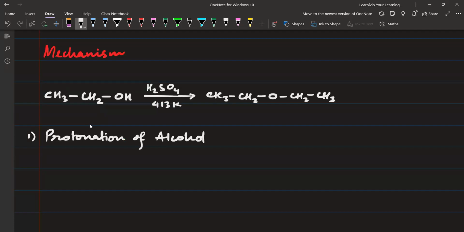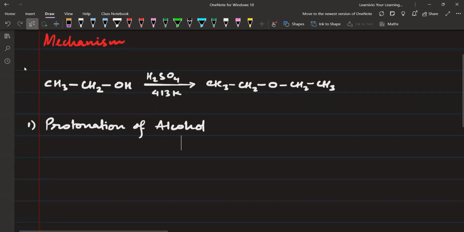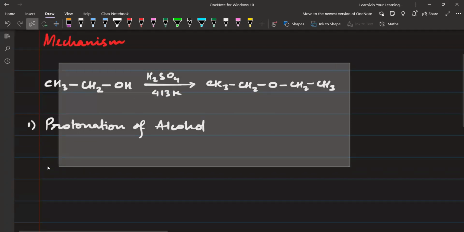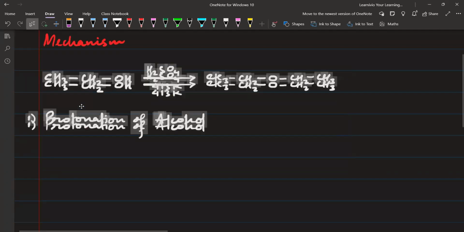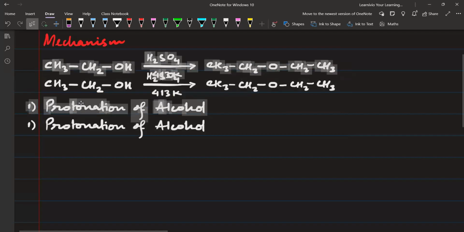By the way, you can also think about why the protonation of alcohol is the initial step. This is because the H2SO4, which is sulfuric acid, will be providing a lot of H plus ions, right? So we will have a very electron poor side, that is the H plus ion.